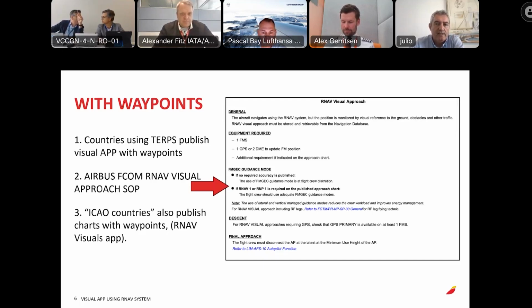For Iberia, it was surprising that some ICAO countries started to publish RNAV visual approaches without regulations about that kind of approach. So it was difficult for us to standardize all the procedures, because every country named the approach differently, but the only reference in our FCOM was the RNAV visual approach, so we had to fix the different naming with the only procedure we had in the FCOM.